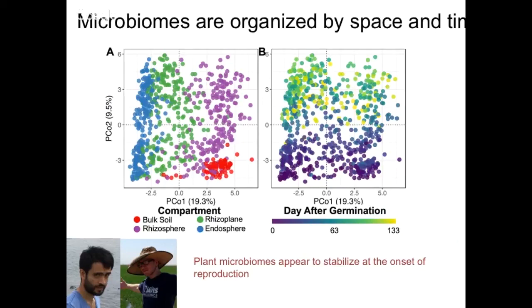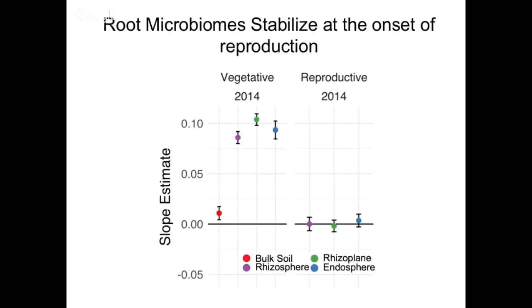So what we did was we fit a linear model through the vegetative portion of the life cycle and through the reproductive portion of the life cycle. So what we notice is that if you're fitting a linear model across that second axis in the vegetative portion, it's changing quite rapidly. So this is a slope estimate. However, if you fit a linear model in the reproductive stage, you notice that it's not changing at all.